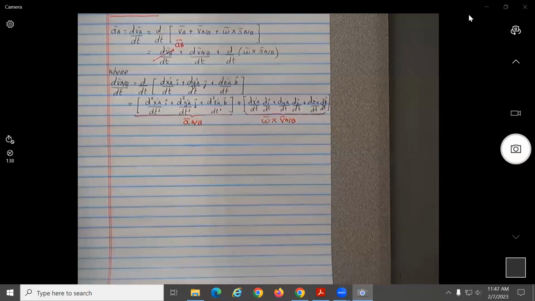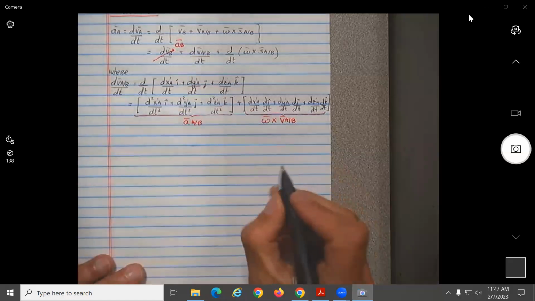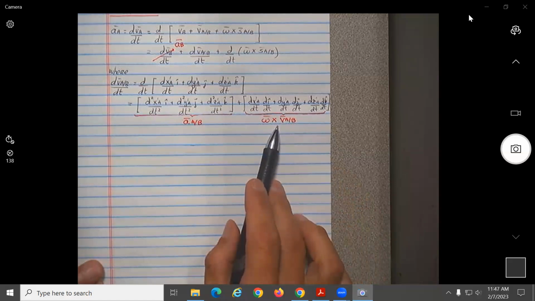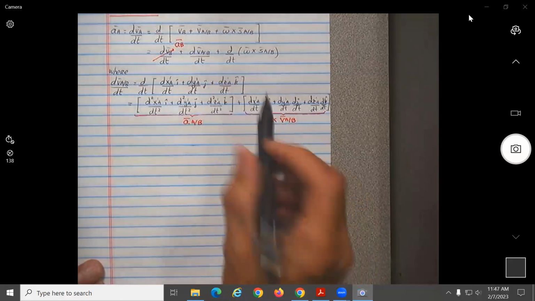From here, we can say that this term is equal to two terms.